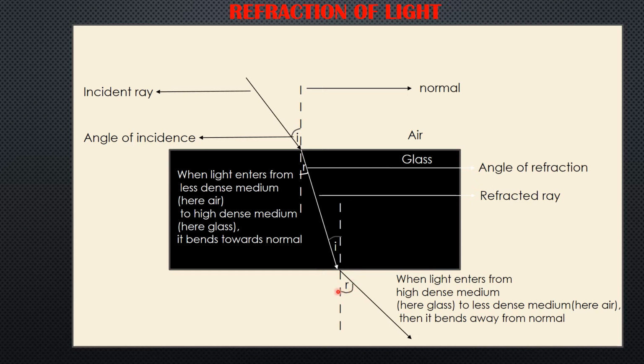In this case angle of refraction will be more than angle of incidence. So when light enters from high dense to less dense means it bends away from normal. When light enters from less dense medium to high dense medium means it bends towards normal. These two are the important concepts about the refraction of light.